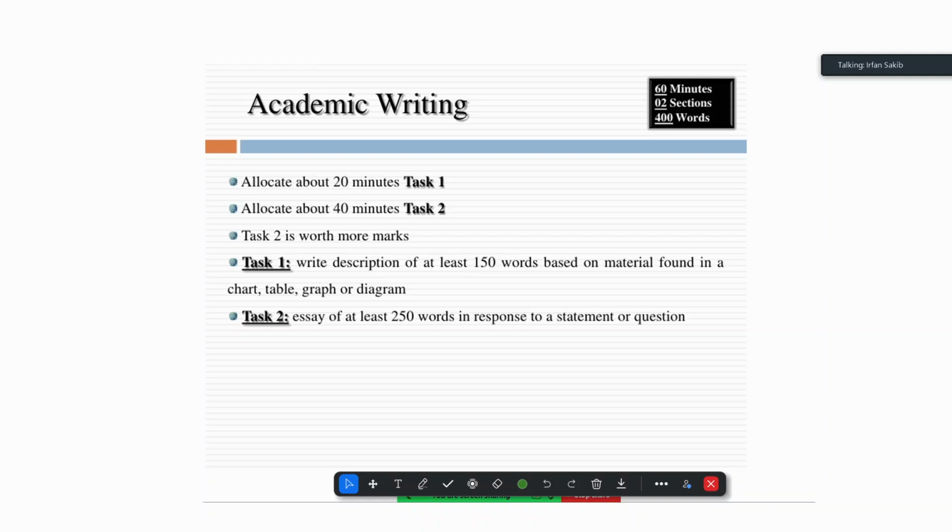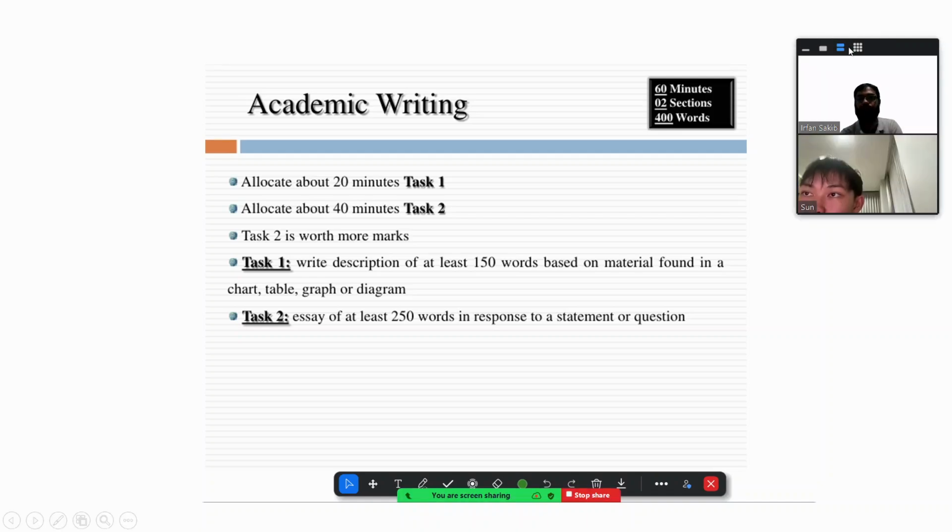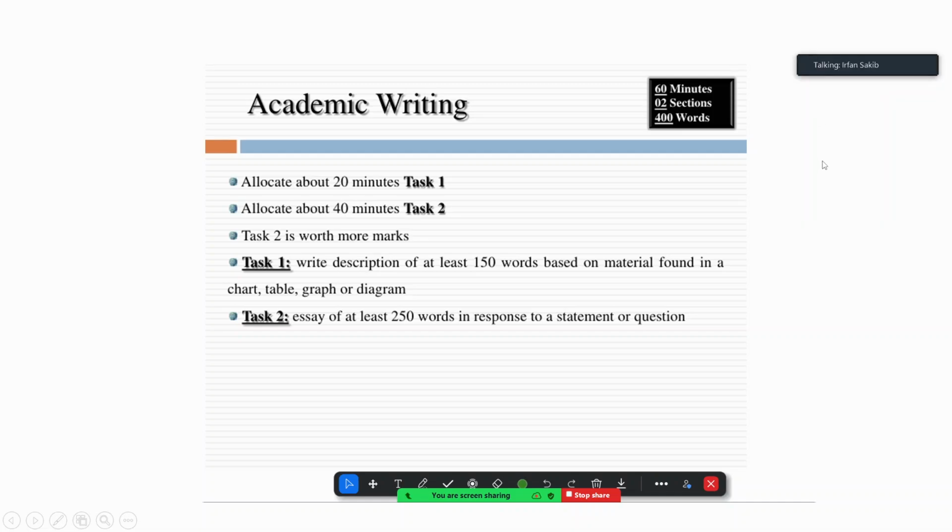Total time for writing? Oh, total time, 60 minutes. That's correct. And two sections with around 400 words. That's right. You have to write minimum 400 words. There will be two sections.